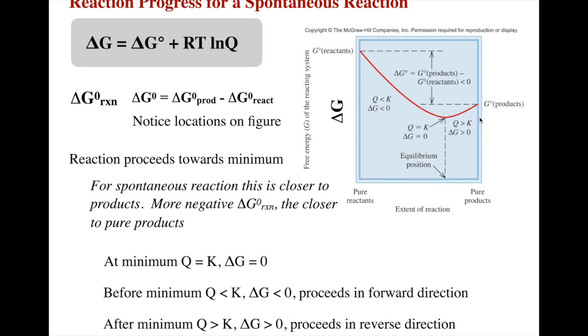So when you have these reactions that don't really form an equilibrium, they just go to products. Basically, this curve comes down, and the minimum is basically right there at the products. As the minimum shifts to the left, it's still spontaneous, but the equilibrium allows for some reactants to remain.